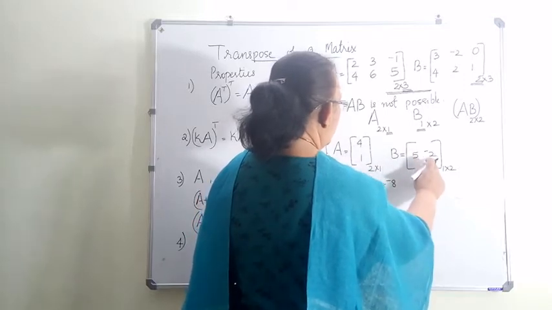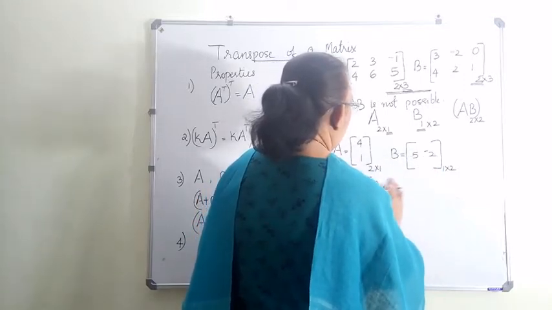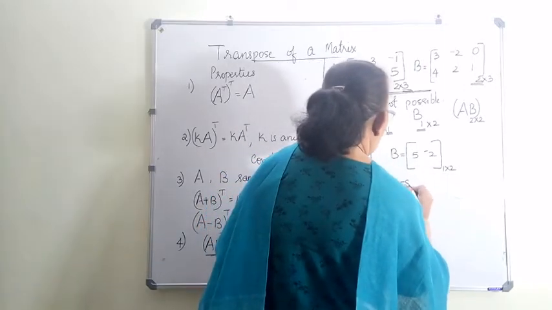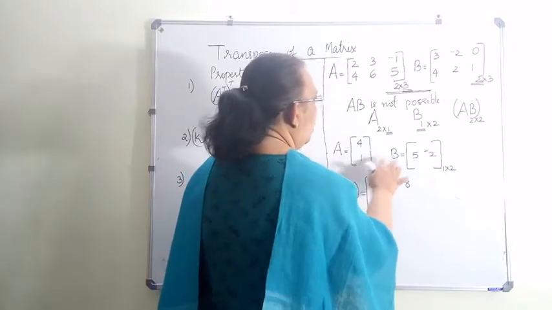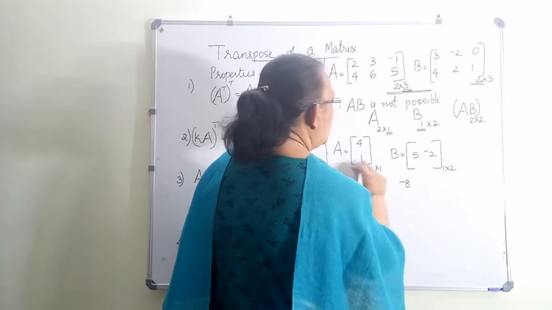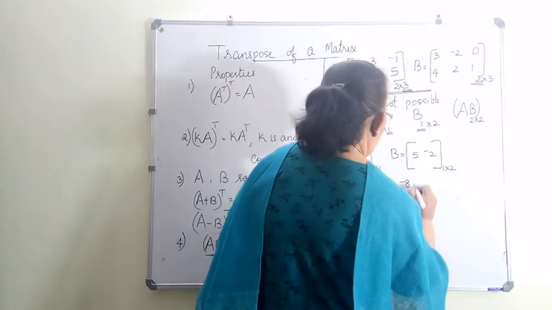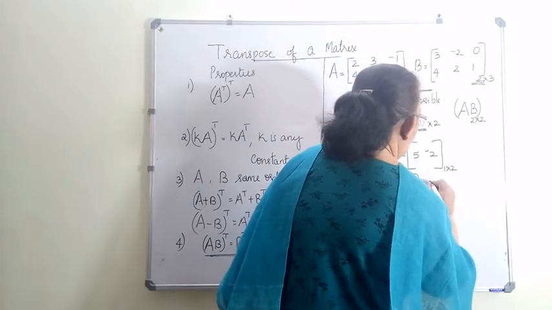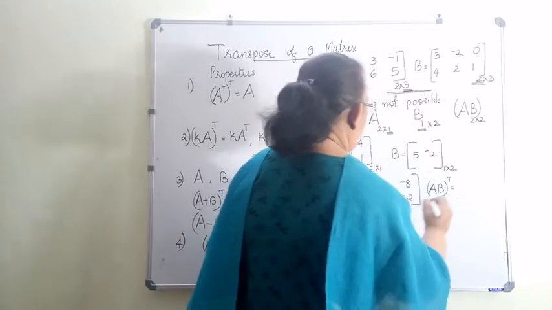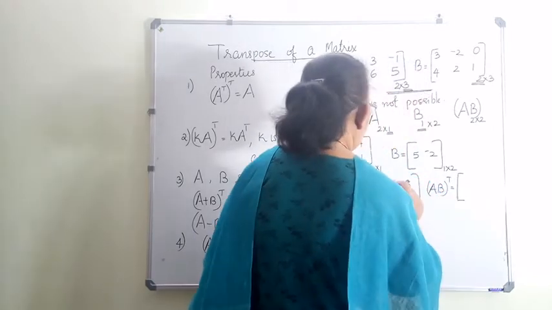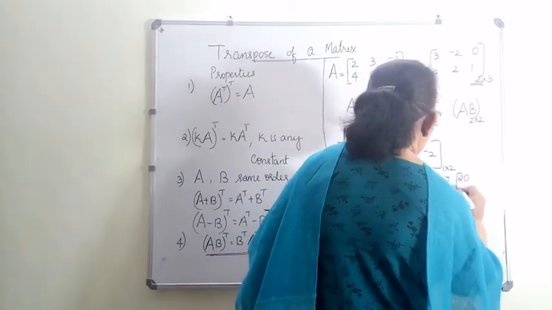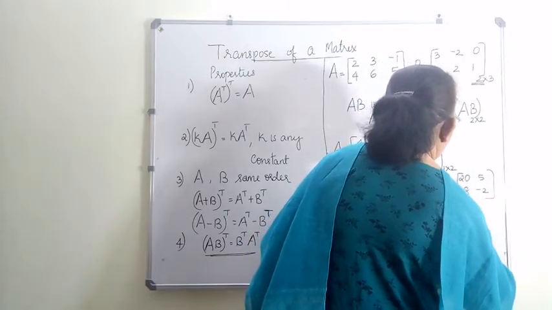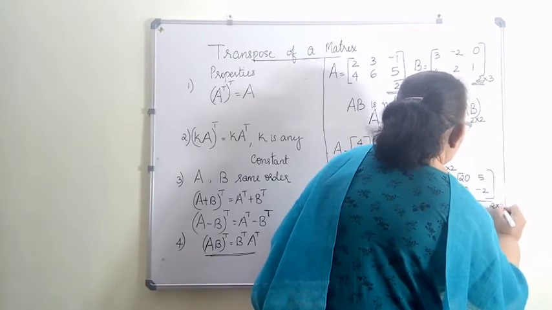First row into the second column: minus 8. Second row into the first column, second row into the second column: minus 2. Now, what is AB the whole transpose equal to? Interchanging rows and columns: 20, minus 8, 5, minus 2. 2 by 2.